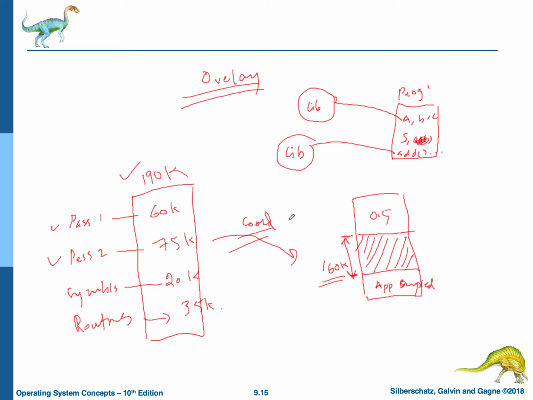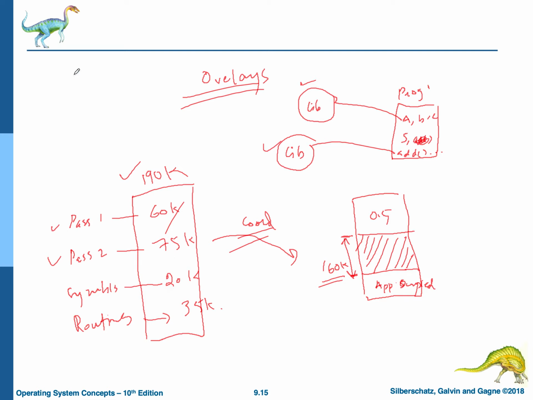To overcome this issue, we have overlays. How the overlays work is that whatever common routines there are, they are loaded in the memory. Suppose the symbols are common to these 2, and the routines are also common in pass 1 and pass 2.